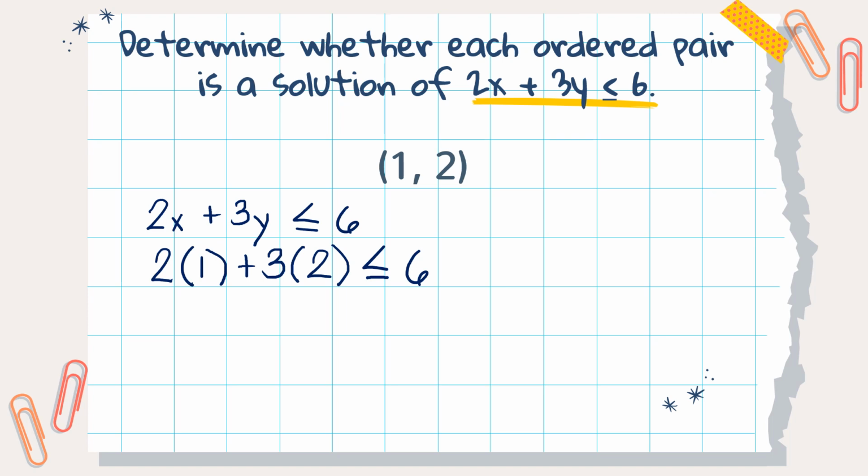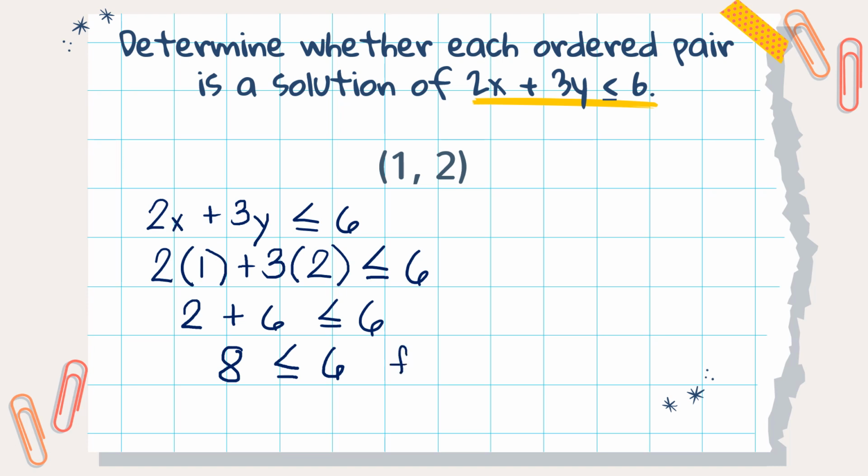Then simplify. 2 times 1, correct, that is 2, while 3 times 2 is equivalent to 6. It's less than or equal to 6. What is 2 plus 6? Yes, that is 8. So we have 8 is less than or equal to 6. Is the statement correct?